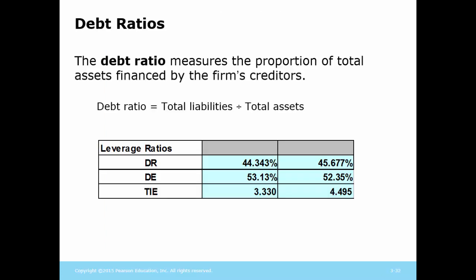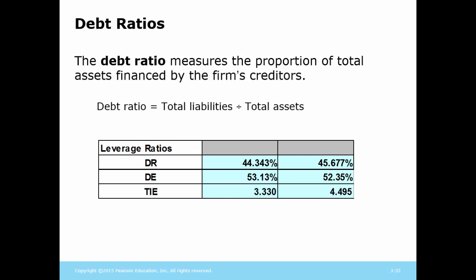So we want to ultimately then talk about this concept, which is debt. How does borrowing money impact the company? We see that it can increase profits. One of the things is we're going to hope that it helps to increase the overall stock price if possible. So the first ratio just measures the percentage of assets purchased by creditor money. Debt ratio, 44% in 2014 and 45.6% in 2015.